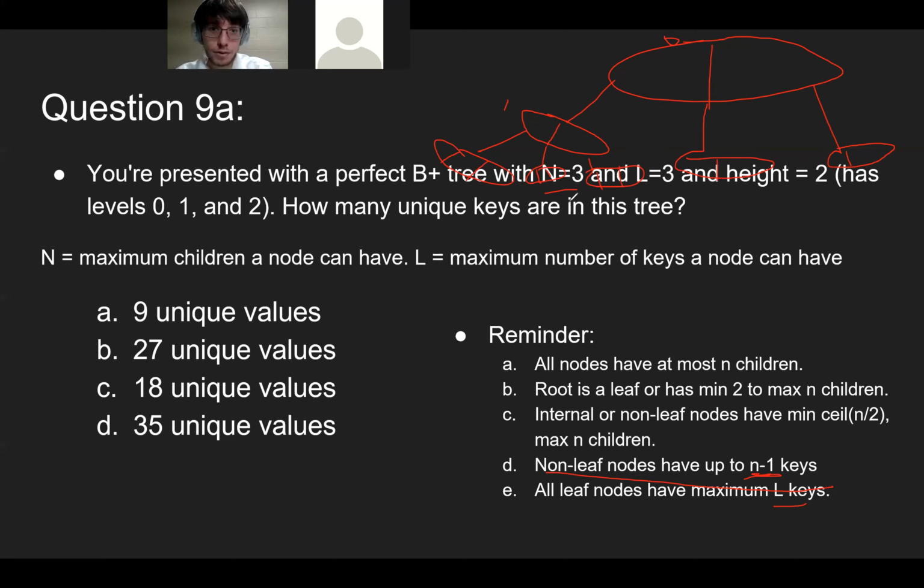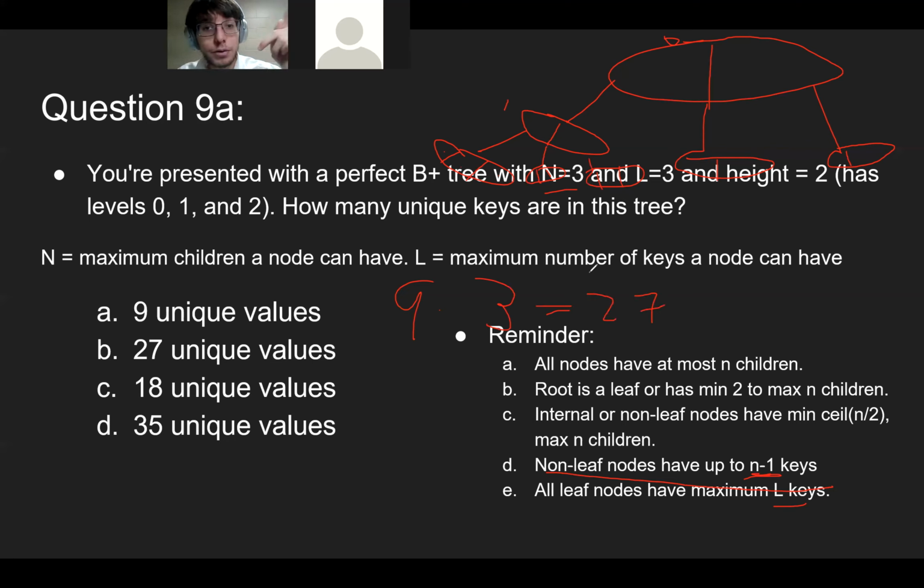So 3 kids each, that's 9. We're going to have 9 nodes. But how many keys are there in each node? 3, right? At the leaves, because L equals 3, each of the nodes has 3 keys. So there are 9 leaf nodes, each with 3 keys. 9 times 3, 27 unique values.